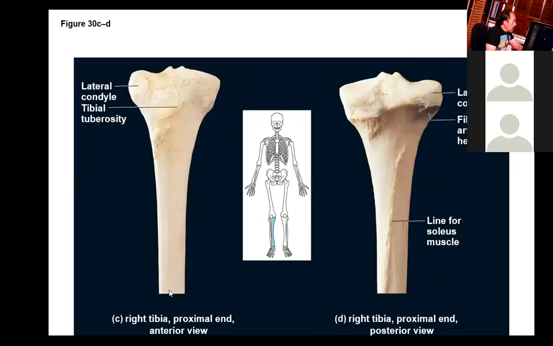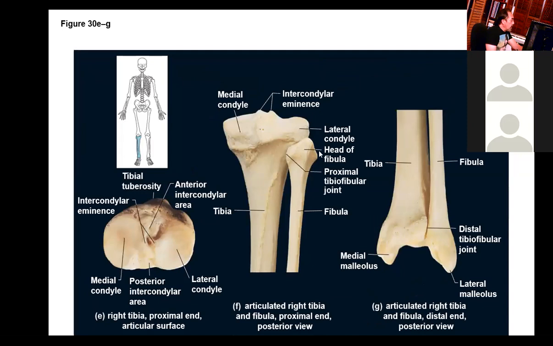Then from there, you just see the tibial tuberosity here. And this is our articular surface for the condyle of the femur. That's where they articulate to produce what we call the knee joint. Remember, this is not a styloid process. It's too big. It's a malleolus. You can actually see that the fibula is the narrower one.